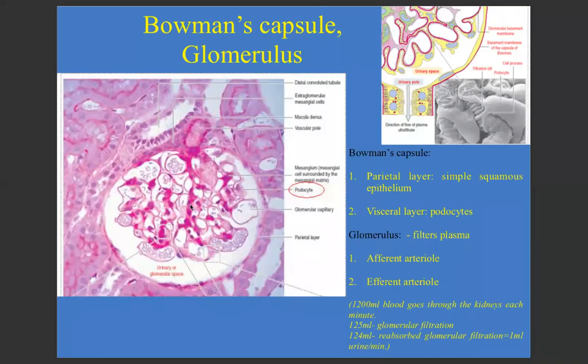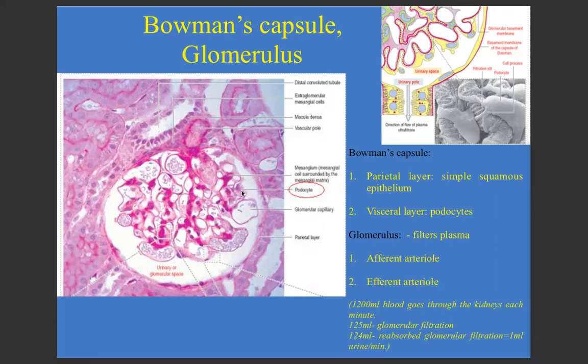Podocytes are big cells having long cytoplasmic processes called foot processes, and the ultrafiltratum passes through among the long cytoplasmic processes of podocytes. These podocytes form the visceral layer of the Bowman's capsule. So there is a simple squamous epithelium here, and there are the podocytes.